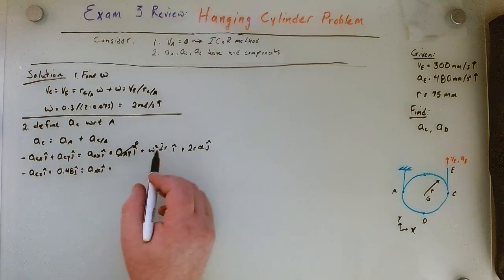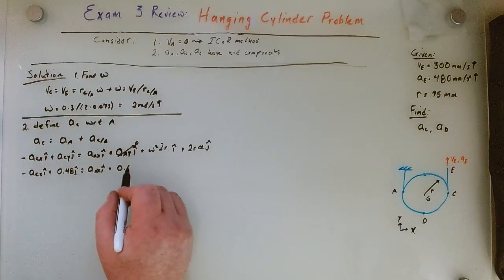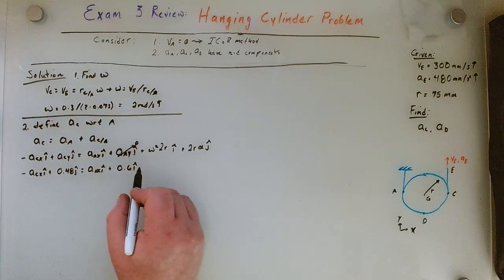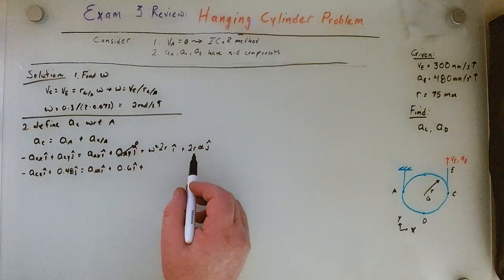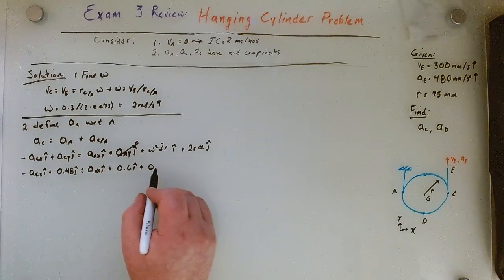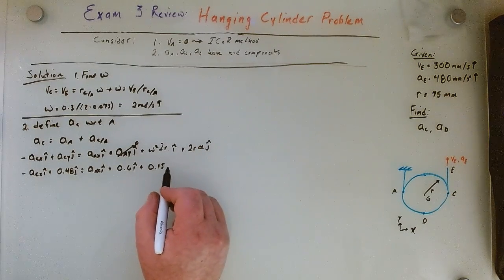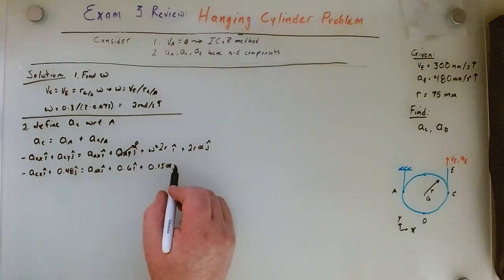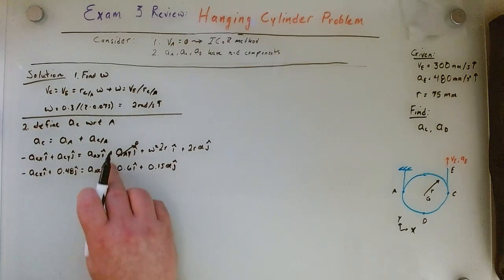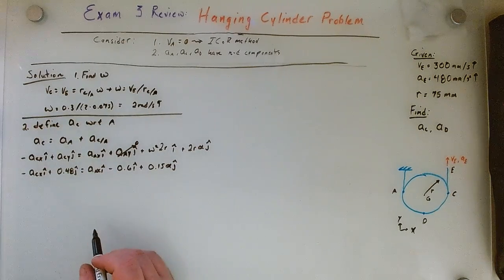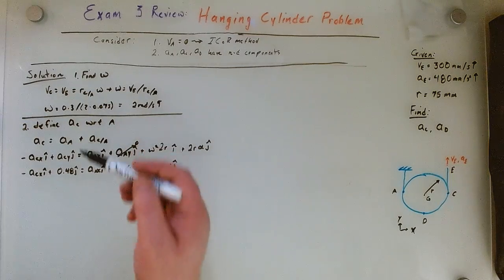So this is plus 0.6i plus, and 2r is 0.15 alpha to j. This, by the way, is negative. Has to be, because it's got to be accelerating this way.